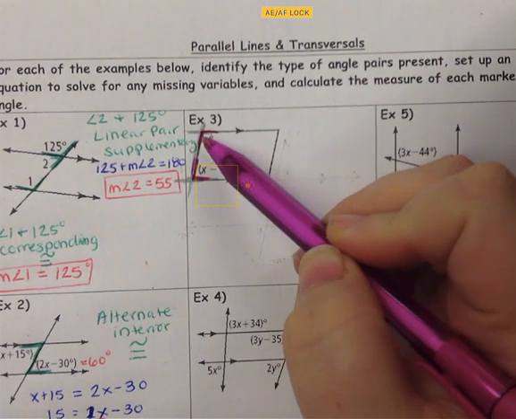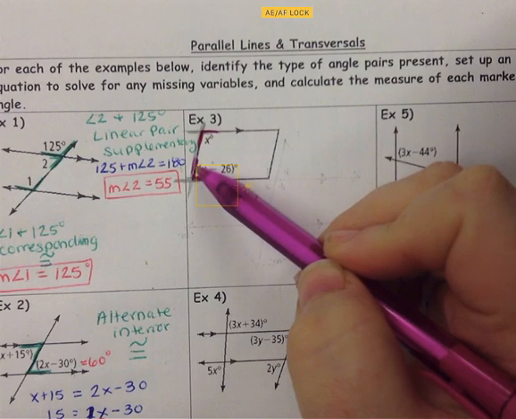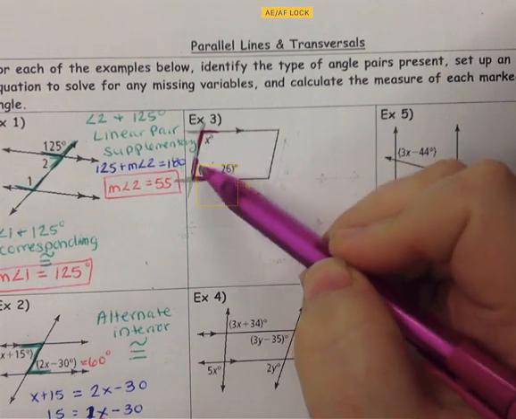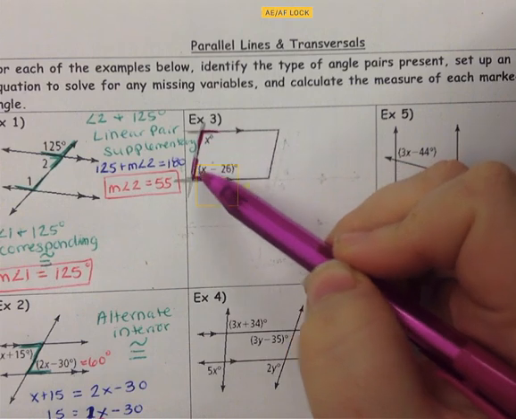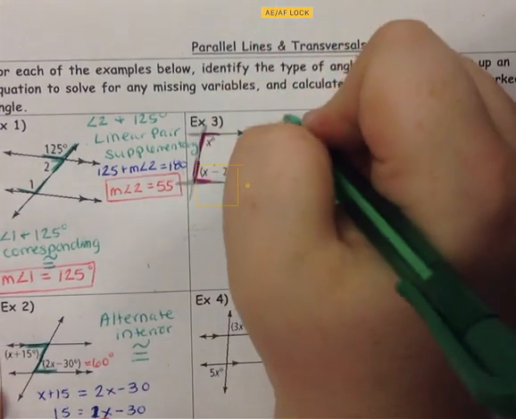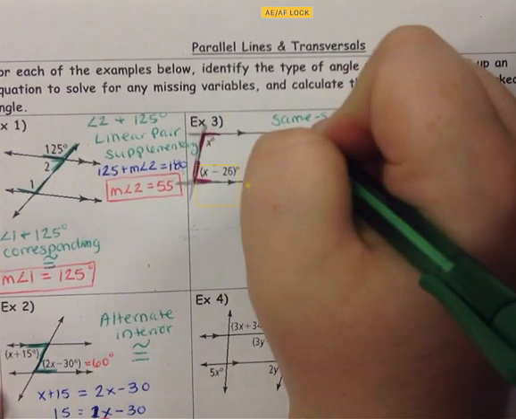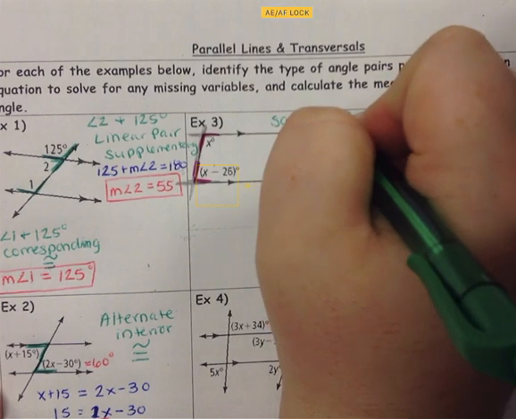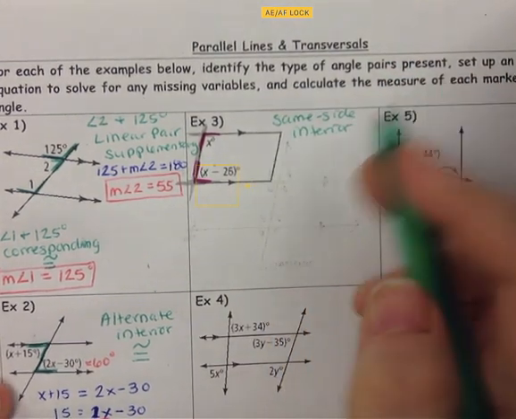This x is on the right-hand side of the transversal, so is the x minus 26. So they're on the same side of the transversal, and they are both inside the parallel lines. That means that they are same side interior angles. You might hear same side interior called consecutive interior.